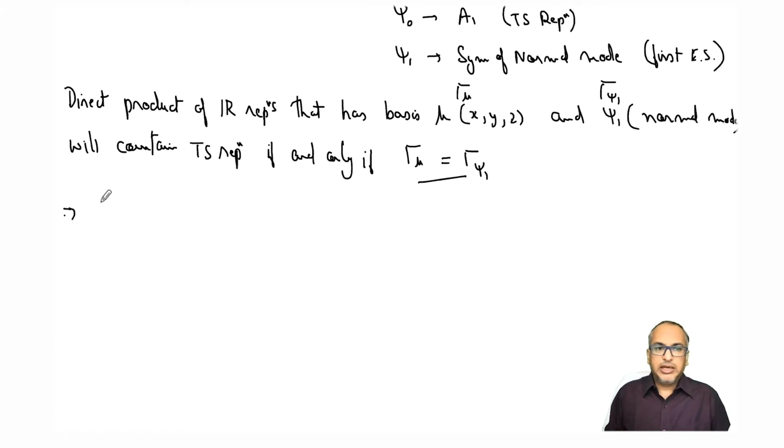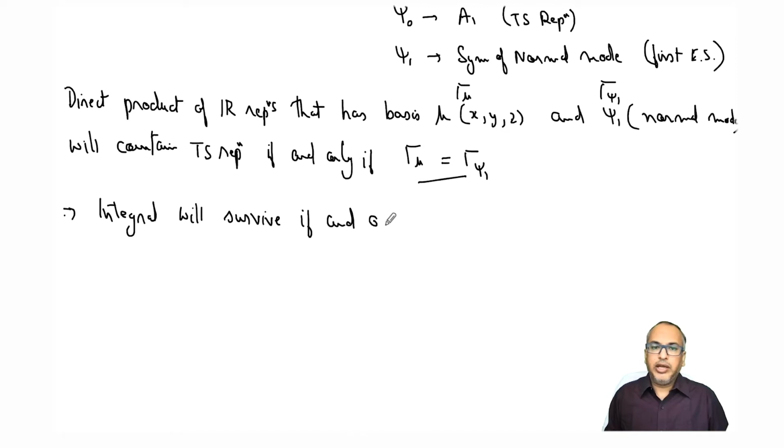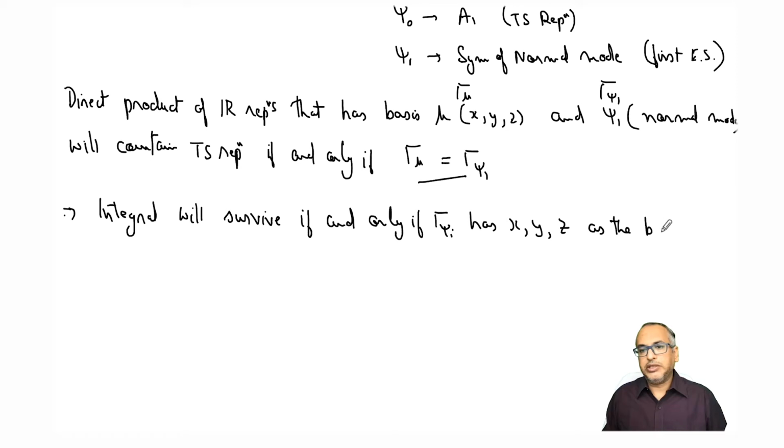So this implies that the integral will survive if and only if tau psi 1 has x, y, z as the basis.